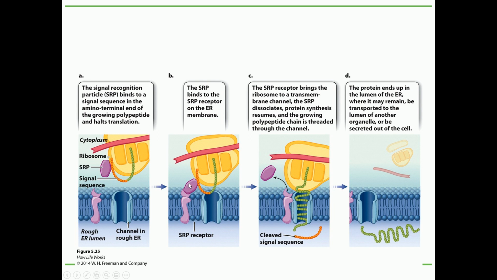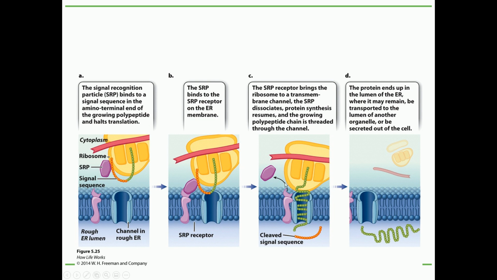Here is a receptor. So this particle binds to this receptor on the ER membrane. This is the way it brings this whole complex here. You can see here the SRP receptor brings the ribosome to a transmembrane channel.